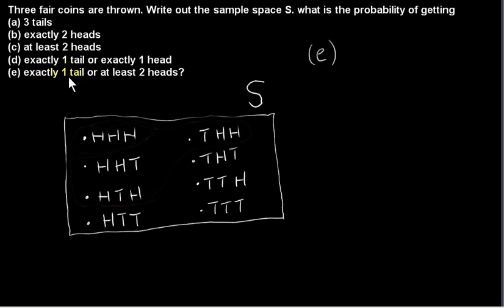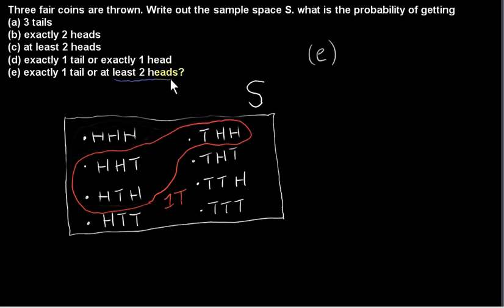Now in part E, we want the probability of 1 tail or at least 2 heads. Let's look at the event where the outcomes consist of 1 tail. So here it is here. I can call this event 1t. Now, but what about the event at least 2 heads? Well, we saw that earlier.